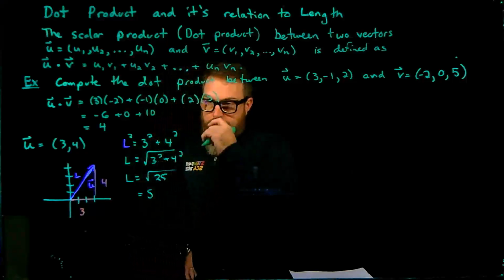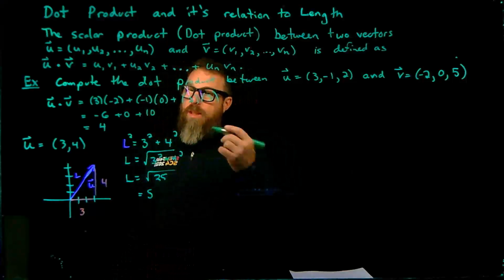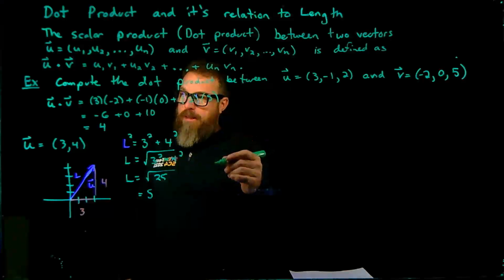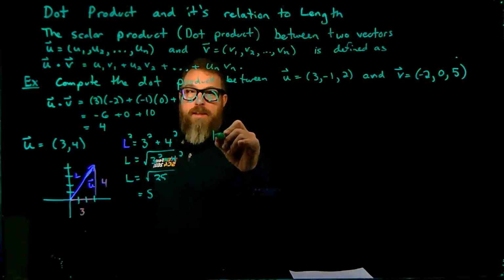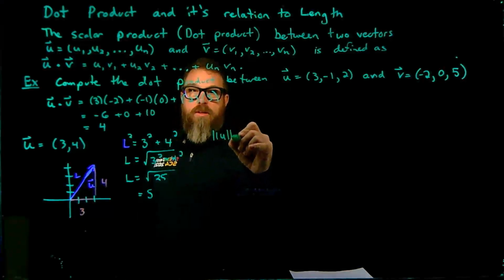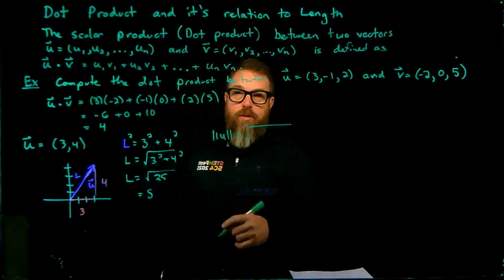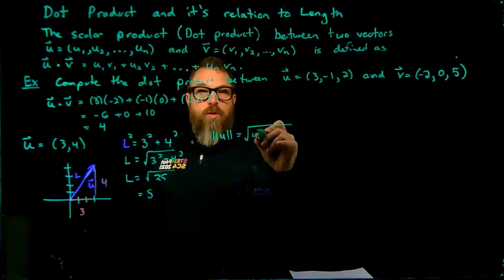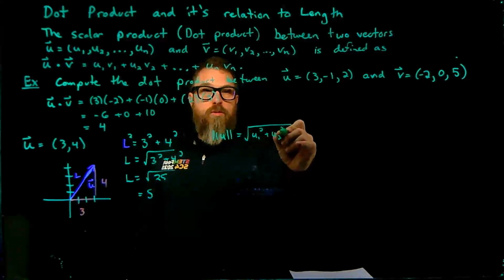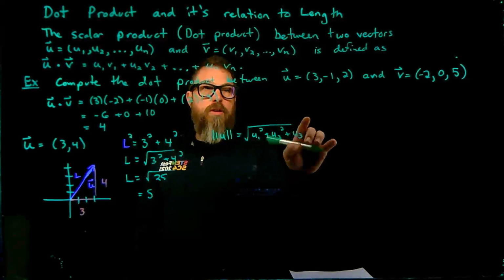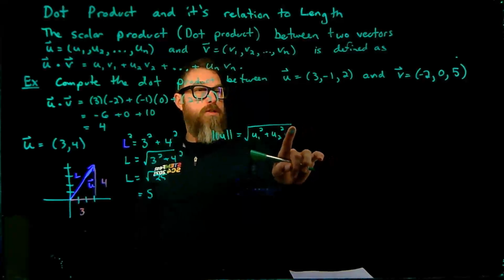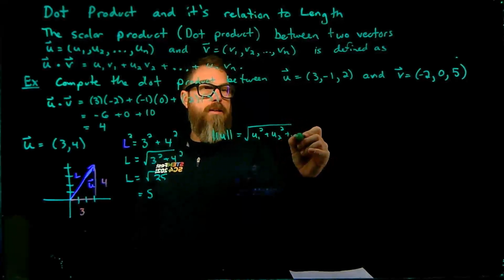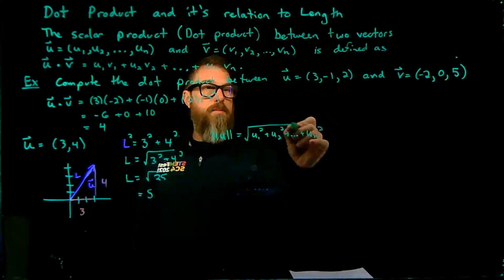So really what I can say is that if I want to find the magnitude of any vector, the magnitude of u is going to be the square root of the sum of the squares of all its components. So it's going to be u1 squared plus u2 squared plus u3 squared, all the way up to un squared.